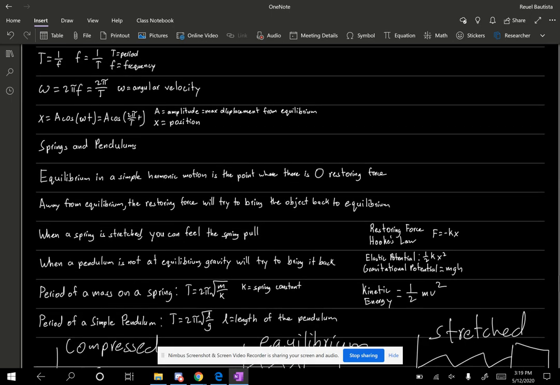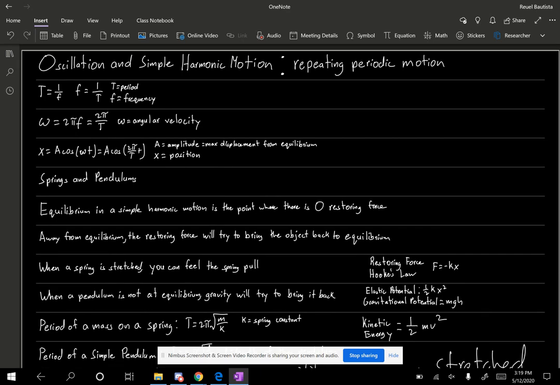Next, and finally, we're going to talk about oscillation and simple harmonic motion. Simple harmonic motion is repeating periodic motion. The moon going around the earth is an example of a repeating motion; it's going to keep going around and around, so it counts as simple harmonic motion.